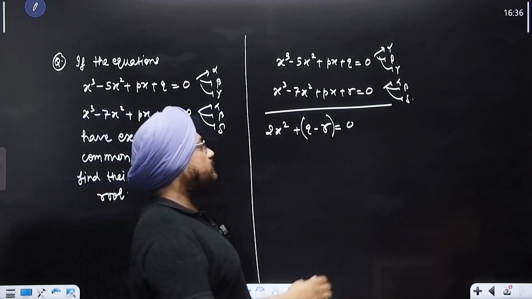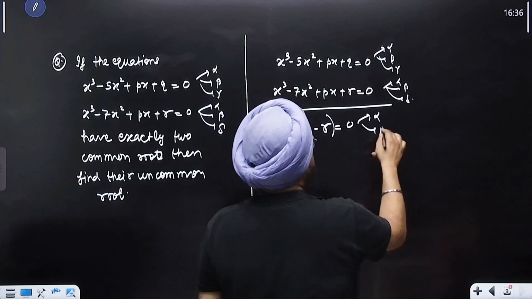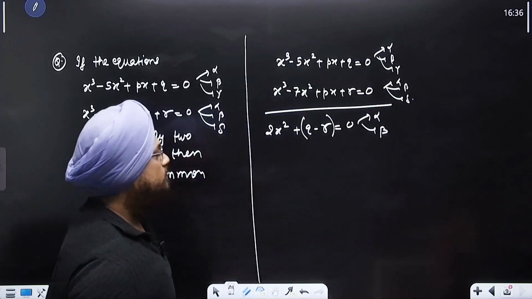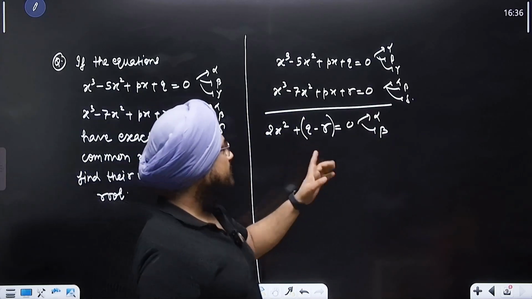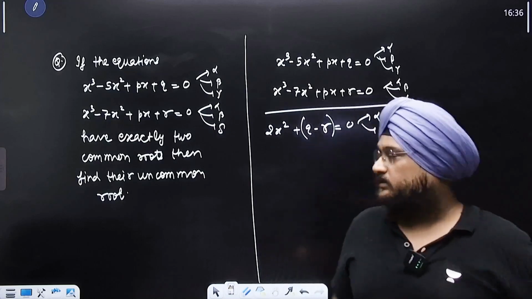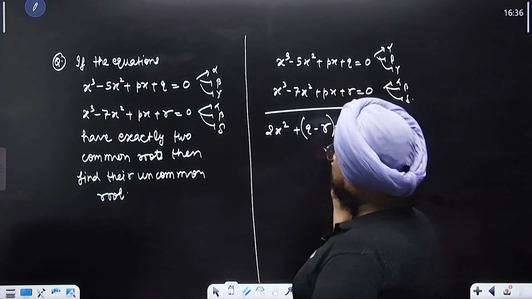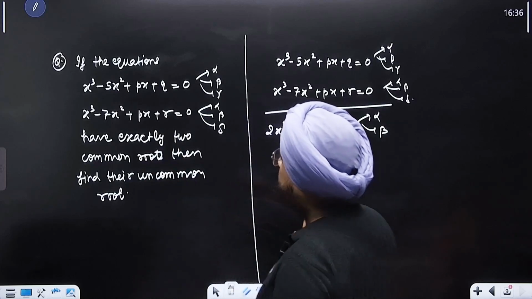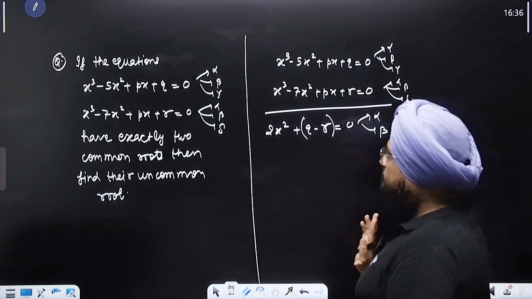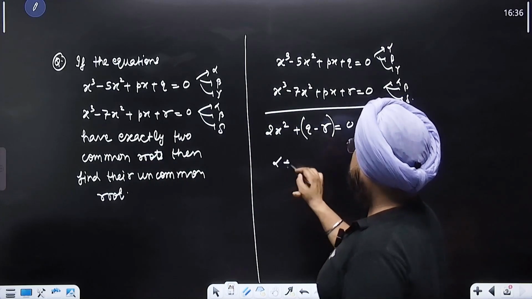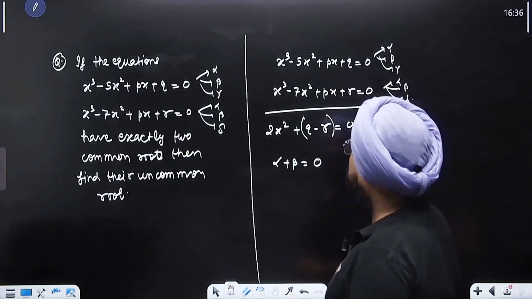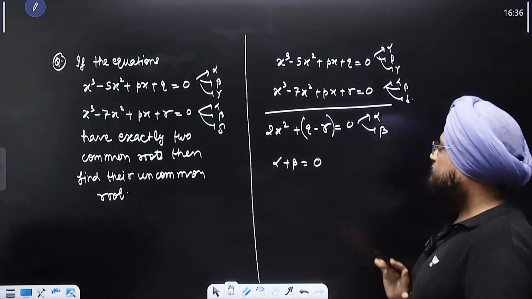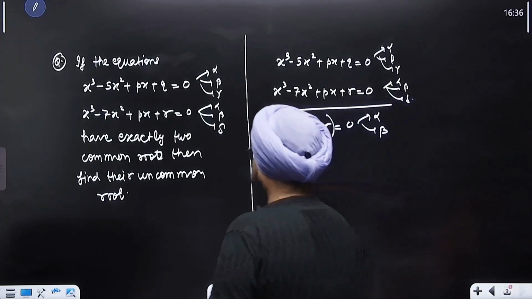This equation will also have roots alpha and beta definitely. We do not need to find the values of alpha and beta, we have to find the uncommon roots. The coefficient of x in this equation is 0, so the sum of roots alpha plus beta is 0.